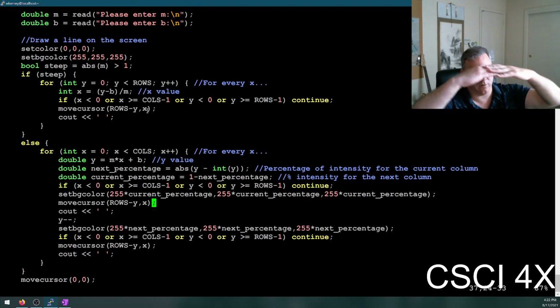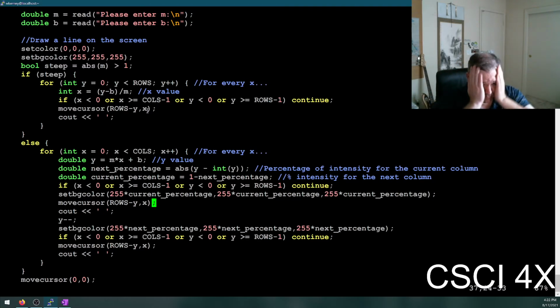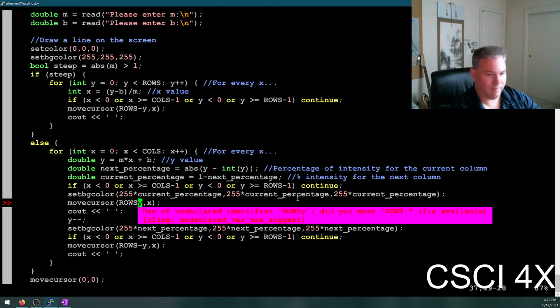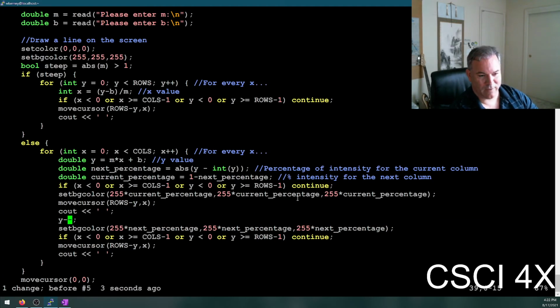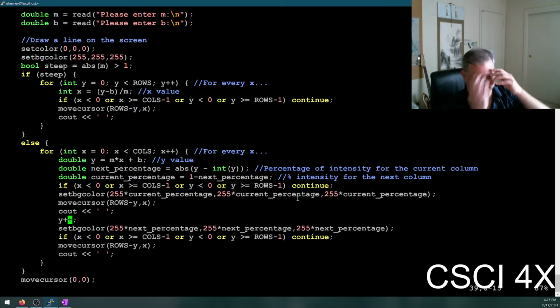And when we get to the next row up, it should have 1 for current percentage. So it should draw that as white, and then the next one should be black. It's because we're... Oh, I know why. Because we inverted the y-axis, so this should actually be y++. We flipped the y upside down, and okay, that should do it.